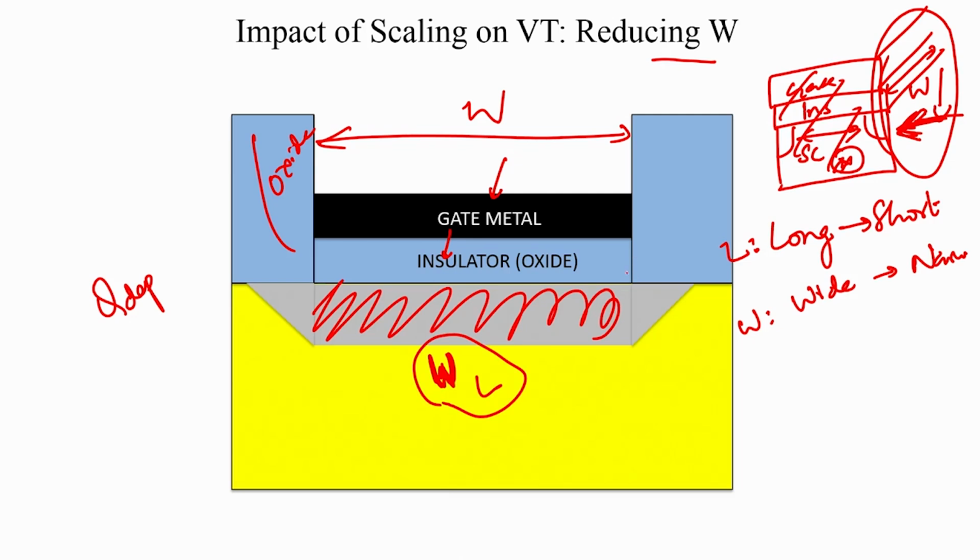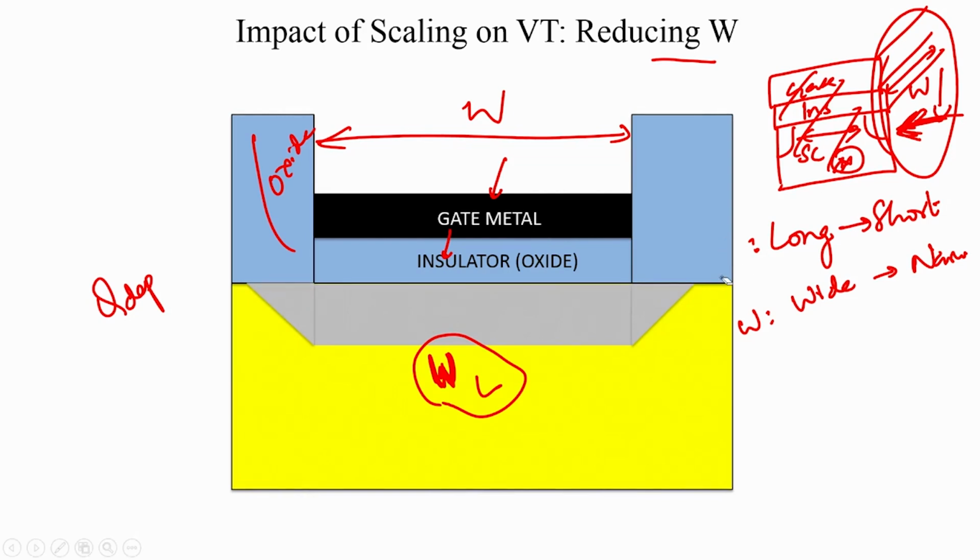But then because of the fringing in the field, you do have some field lines heading towards the sides, and therefore, due to this fringing of the field, whether you like it or not, we are going to end up depleting some excess charge on the sides.